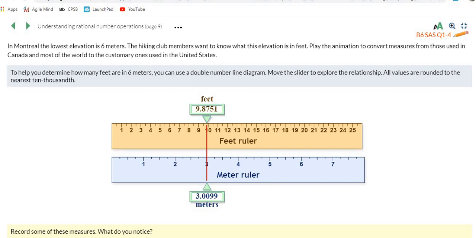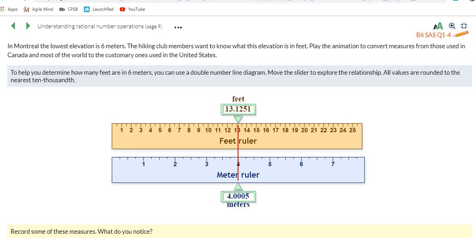I think we need a couple more measurements. What could we predict for 4? It's going to be around 12. Well, 13 is around 12, huh? Yes, ma'am. So 13.1251. And what would we say 5 is? Around 16.